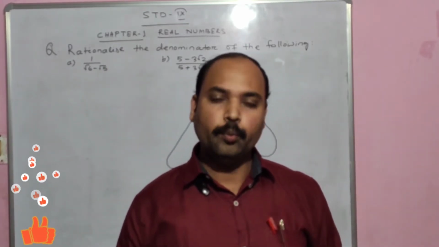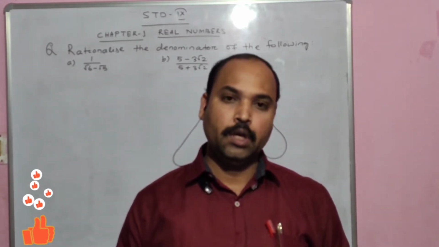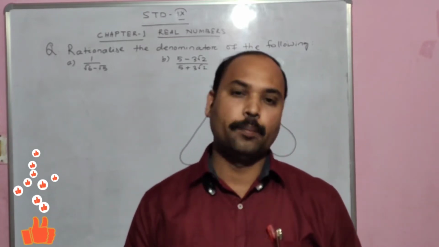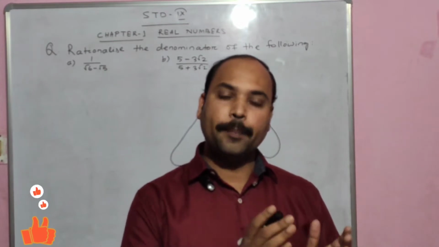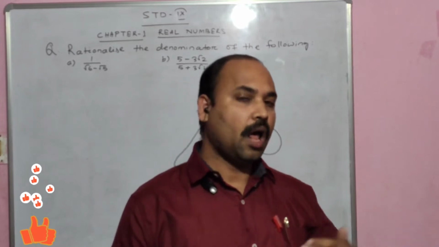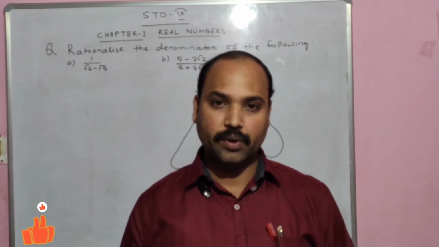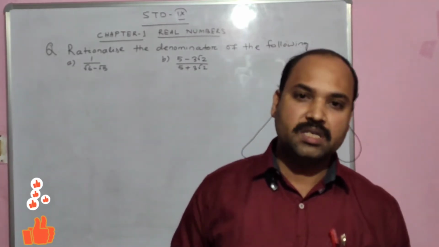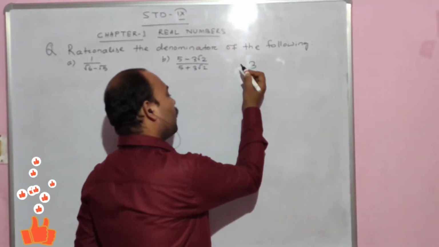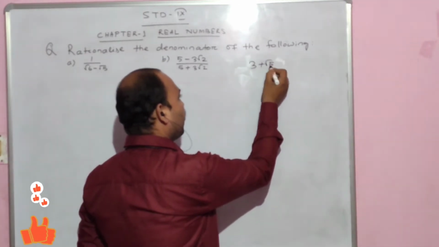So you may know what a conjugate number is. Conjugate numbers are binomial irrational numbers which differ only by the sign. I'll give you one example. Suppose I write one binomial irrational number, 3 plus root 5.